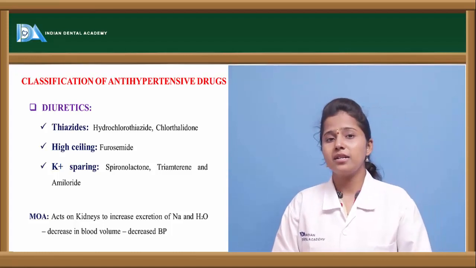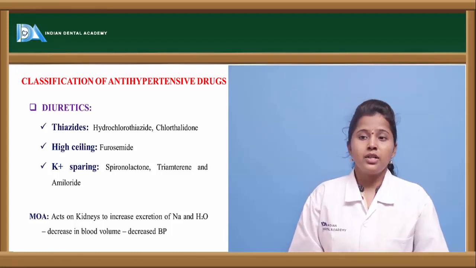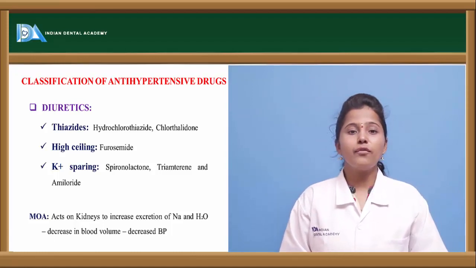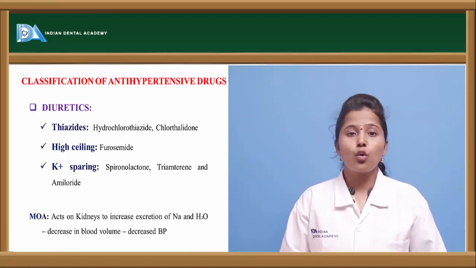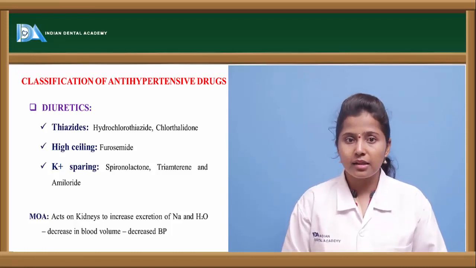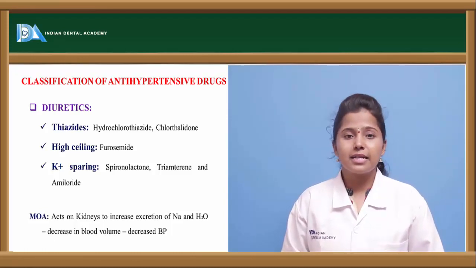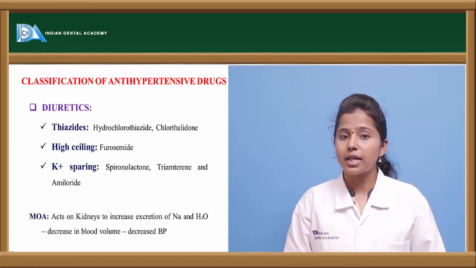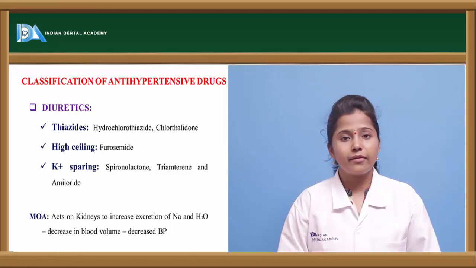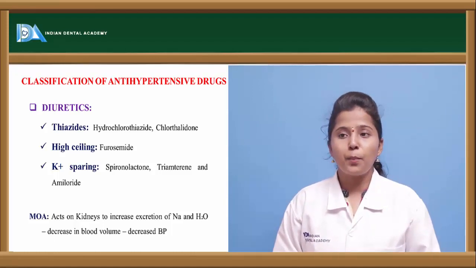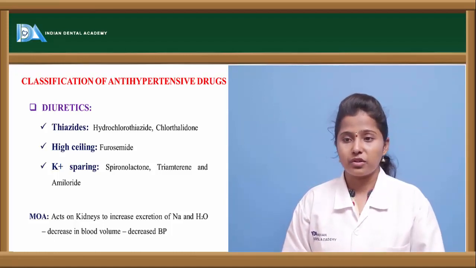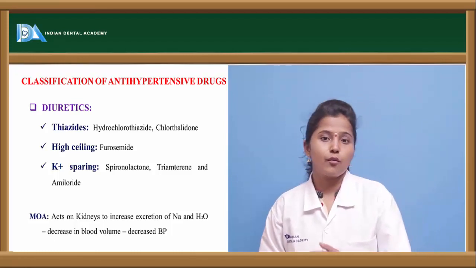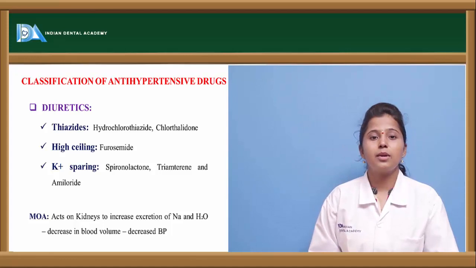And let us see the mechanism of how these drugs act. These diuretics act on the kidney by excretion of sodium and water. If sodium and water are retained in the body, the blood volume will increase.